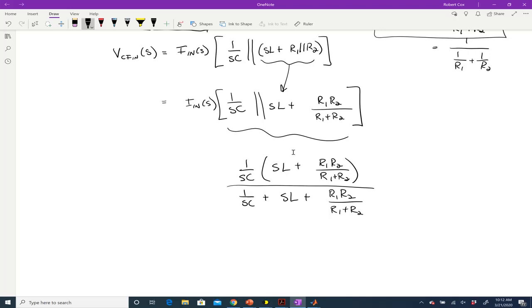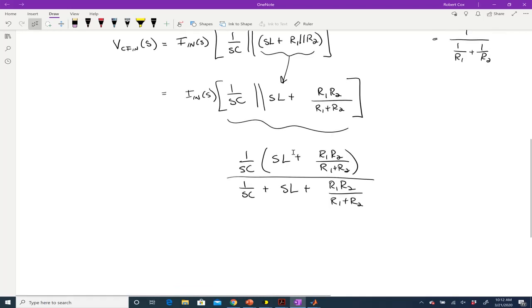To approach this, I want my transfer functions always to be a polynomial in S. I could plug in numbers at this point, but I'm not going to do that just yet. I'll simplify by multiplying the top and the bottom by SC times R1 plus R2, which is multiplying the whole expression by 1.